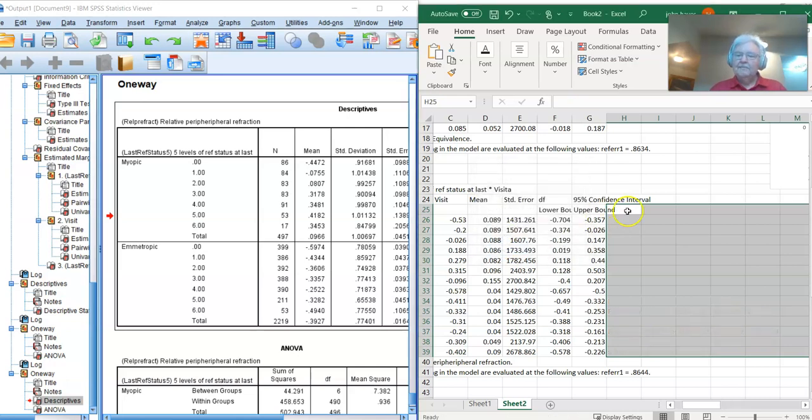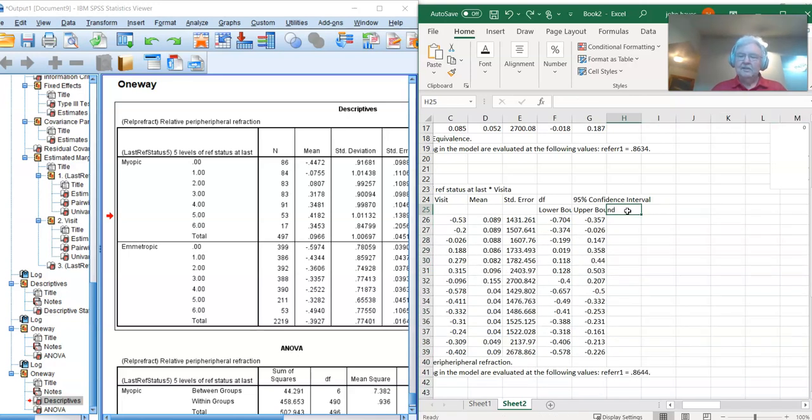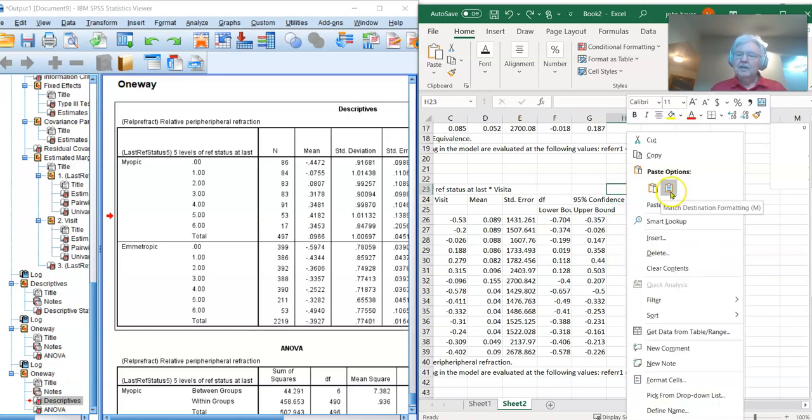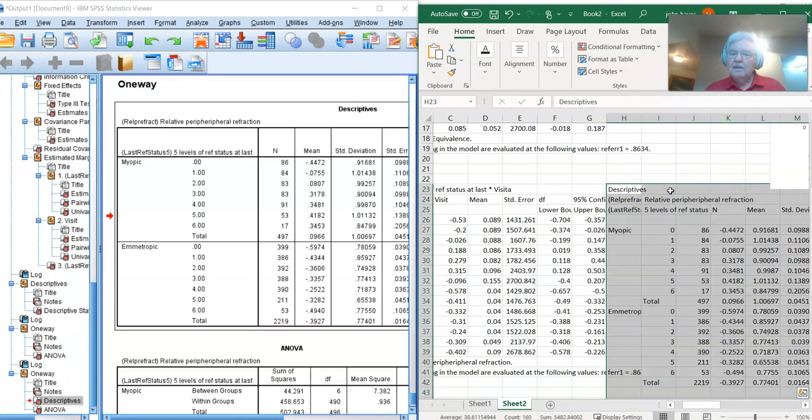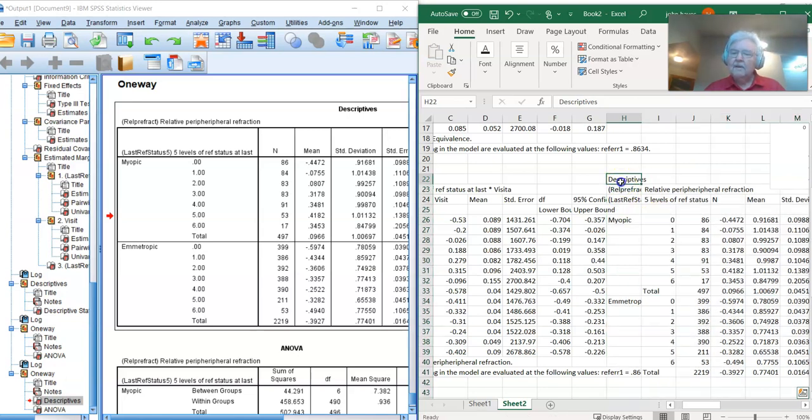Okay. Let's, can we paste here? Paste. Here a little. Paste. Okay, we're off one. Let's move up. Let's go here.